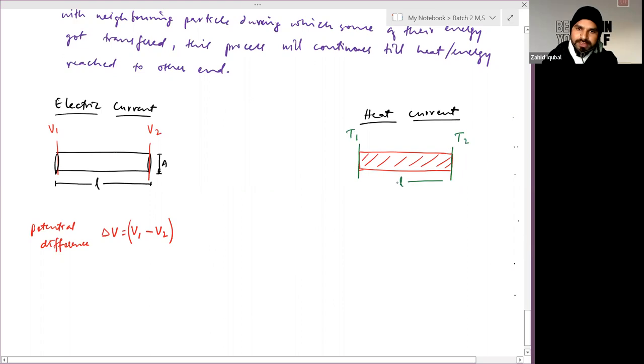The length of this conductor is L and the area of cross section is A. So you must need a temperature difference for the flow of heat through this substance. So delta T equals T1 minus T2. Nahara, is it clear?